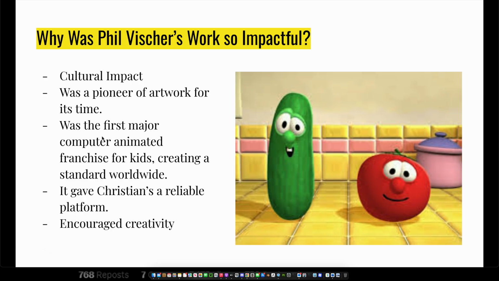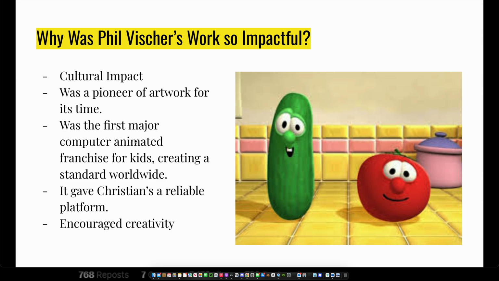And I was wrong about this, Professor. It's not the first animated franchise. It was the first major computer animated franchise for kids, which is incredibly impressive. And not only that, but it set a standard for other animated shows later on down the line.